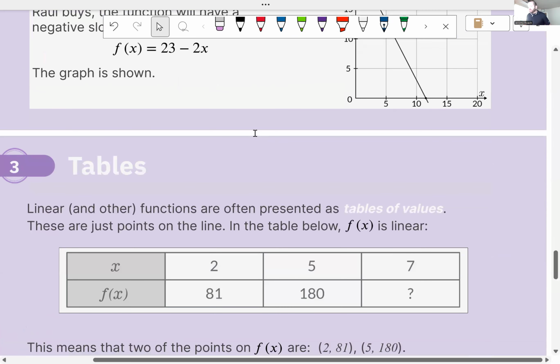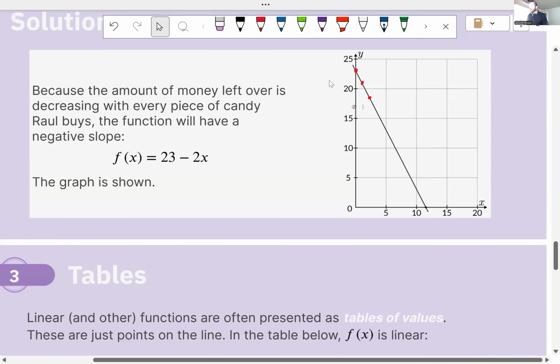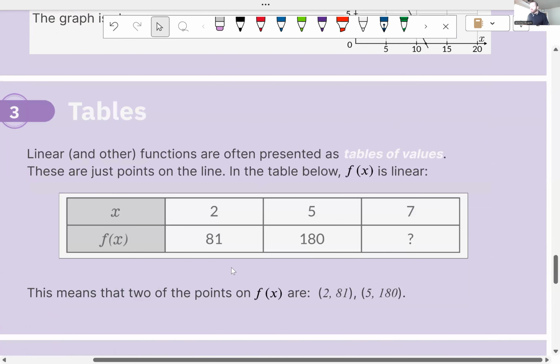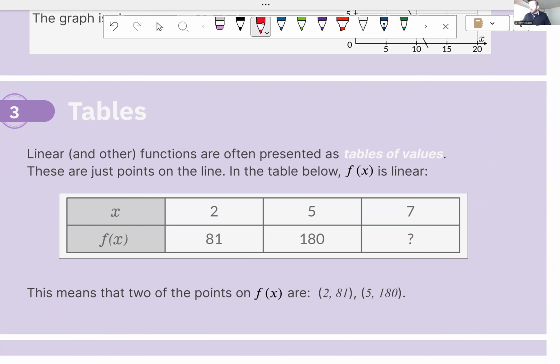Now, when we have a table of values, that can help us to determine what the linear function or the line is. It can also help us predict what other values are. Like if we don't know the y coordinate, but we want to know the x coordinate of the line, we can figure that out. The best way to figure out a missing value on a table is the point slope form.